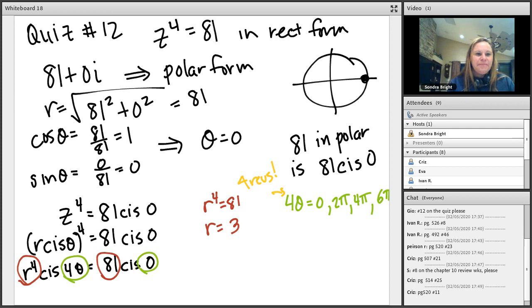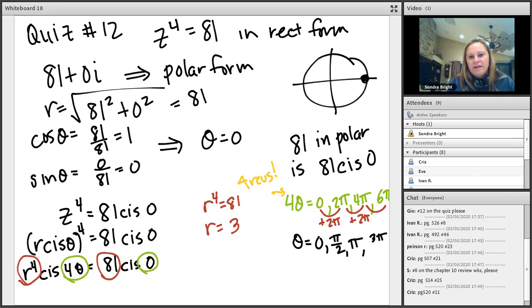So you keep adding 2 pi to get to the next angle. And then you've got to divide everything by 4, and so your theta will be 0 over 4 is still 0, 2 pi over 4 is pi over 2, 4 pi over 4 is pi, 6 pi over 4 is 3 pi over 2.